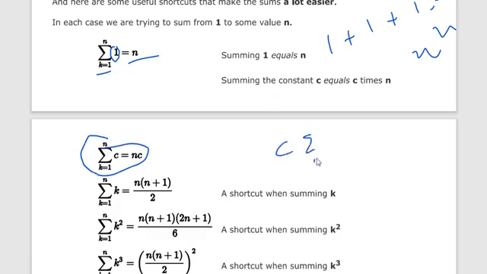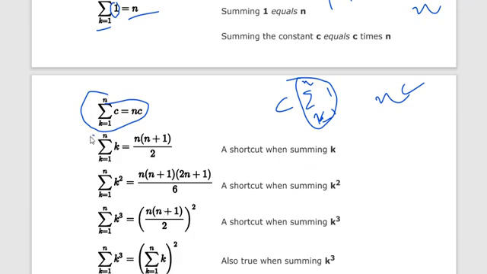C can be taken out, and the sigma of 1 from k equal to 1 to n is n, so the answer is nc. Now if we want to add all the natural numbers 1 plus 2 plus 3 plus 4, you already know the summation of all natural numbers is n times (n plus 1) divided by 2.